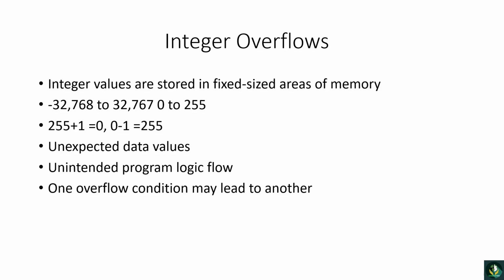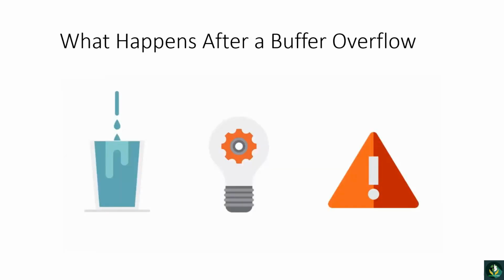The condition is referred to as an integer overflow, although integer rollover might be a more accurate description. For example, adding 1 to the largest integer value causes it to roll over, or overflow, to its lowest value, like an odometer flipping over from all 9s to all zeros. Going in the opposite direction, subtracting 1 from the lowest value results in the highest integer value.